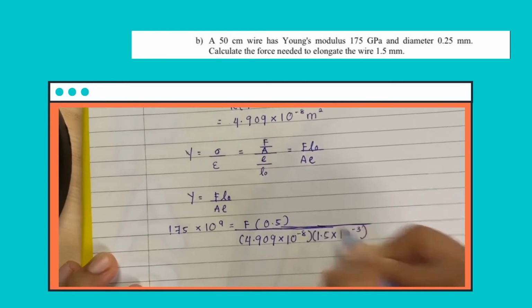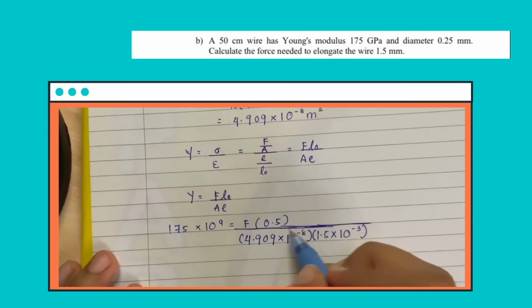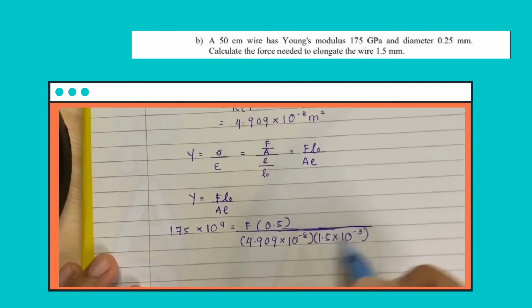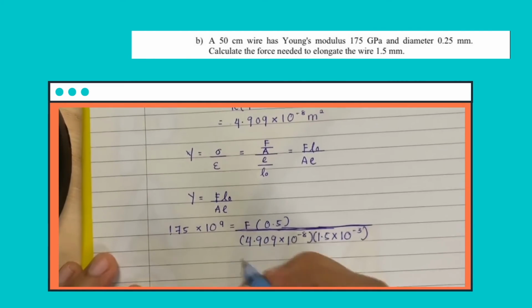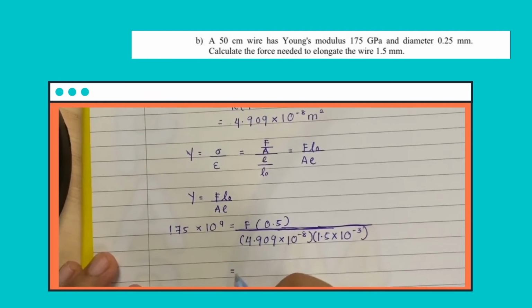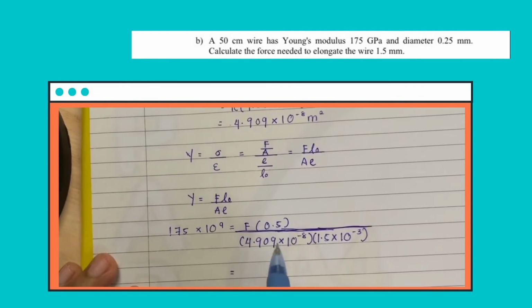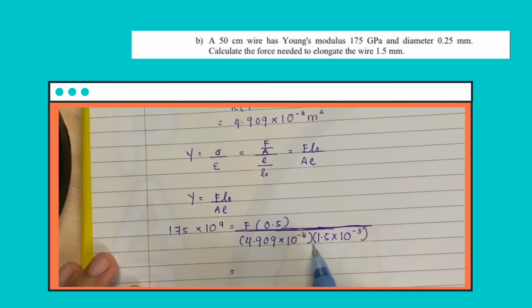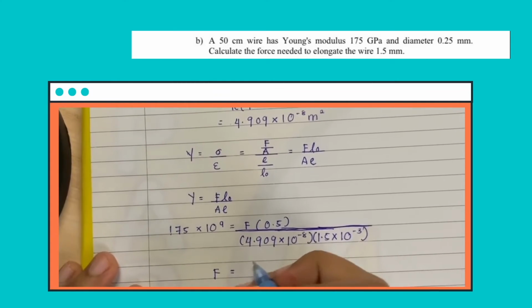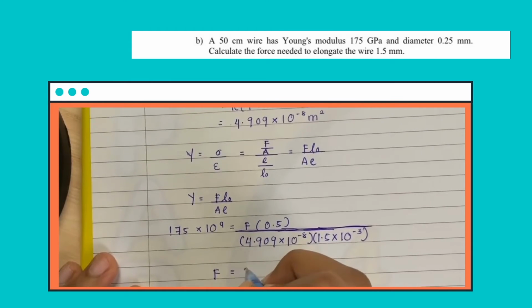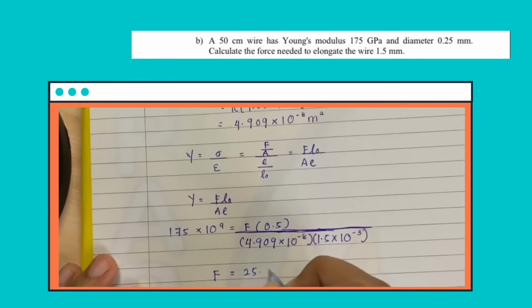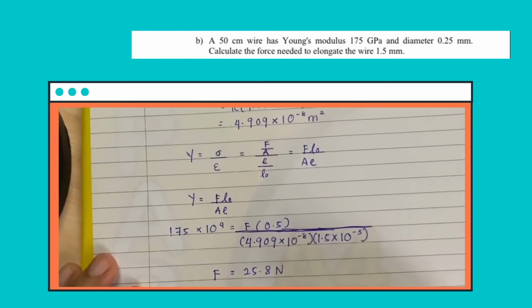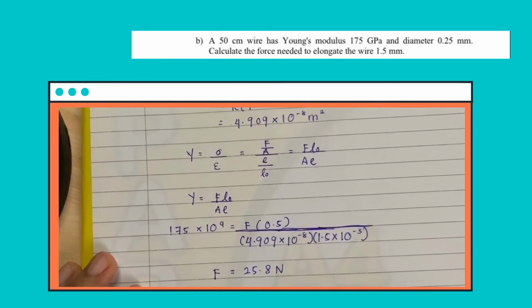Divide lah ni. So kita substitute ni, dah substitute, kita tekan calculator and then pindahkanlah F ni kat tepi ni. So nanti at the end akan dapat jawapan dia 25.8 Newton force dia. Itulah final answer dia.